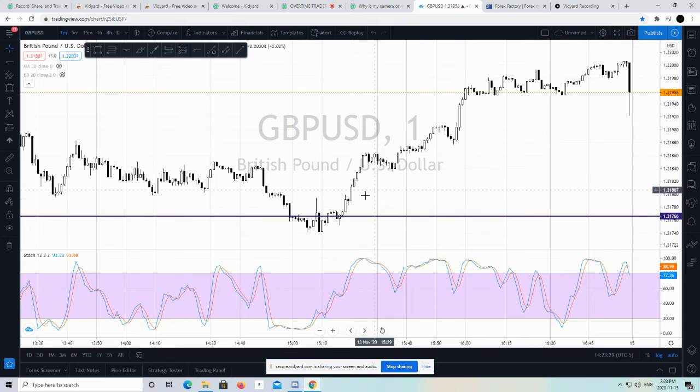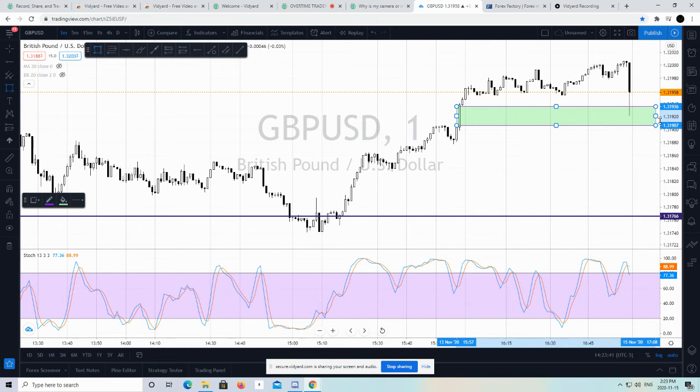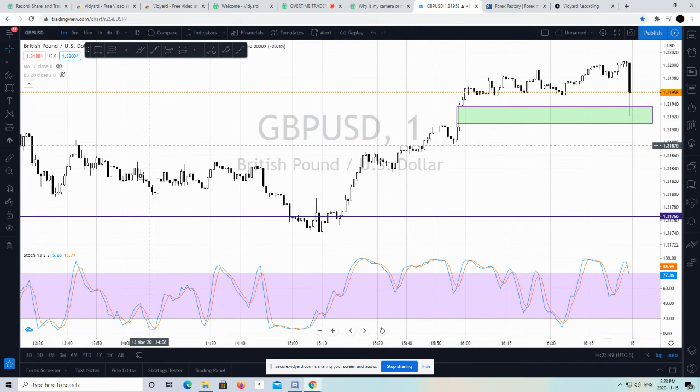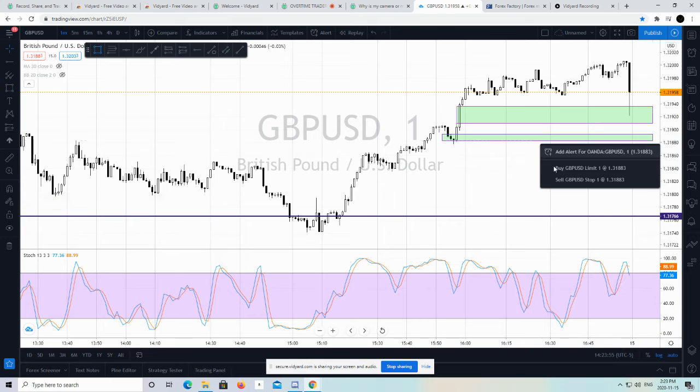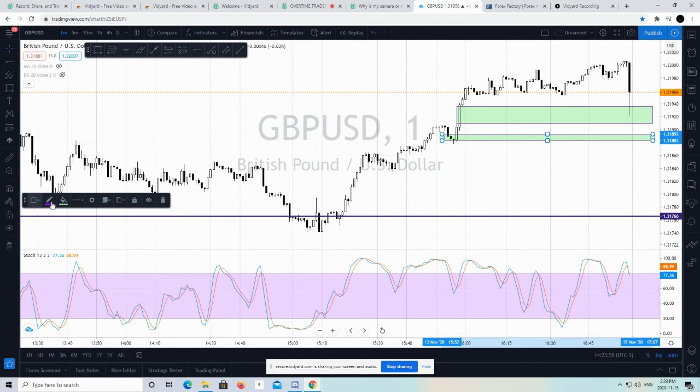We could also wait for a little bit of pullback. It did come into this imbalance here, so we could have got in right here, if we want to play. We could wait for a bit more of a retracement to these levels.